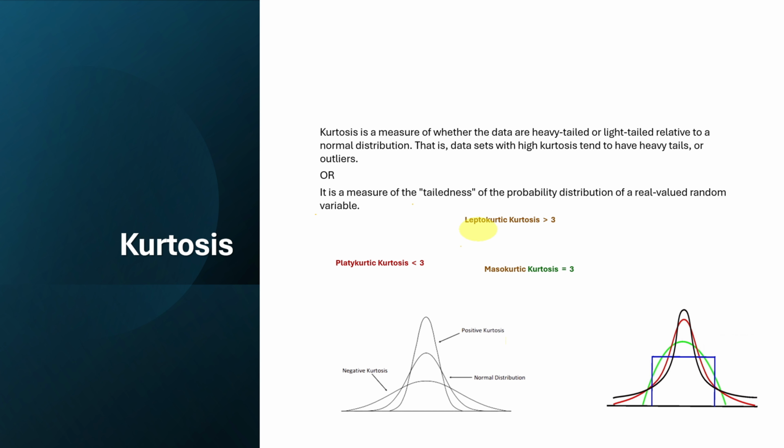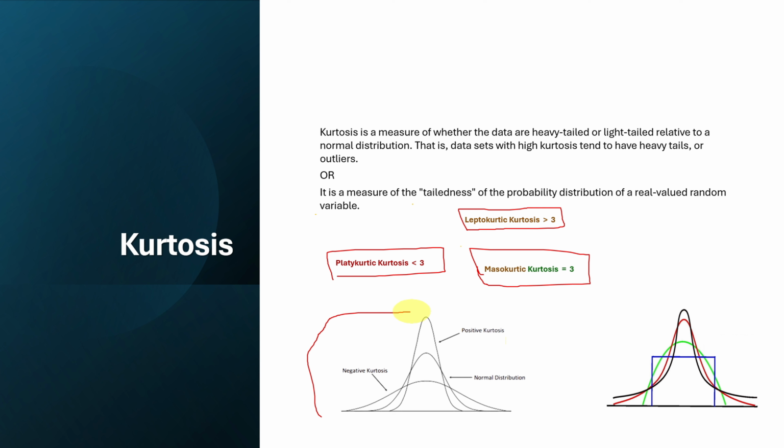So in kurtosis, we have three ways to define this. If the value is greater than 3, it's known as leptokurtosis. If it equals 3, it's known as mesokurtosis. If it's less than 3, it's platykurtosis. What you need to remember is how the graph looks to understand the difference.